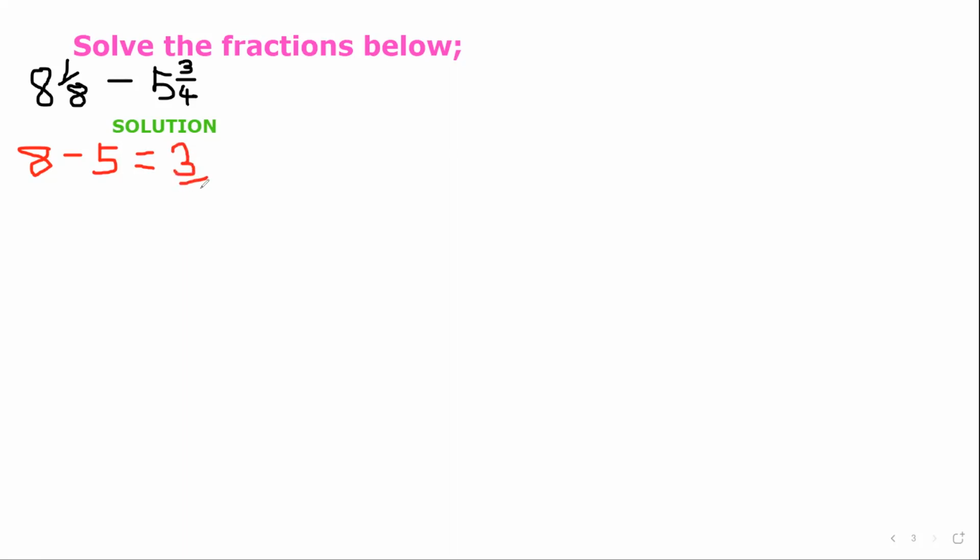So we have the 3 as our answer. When you deal with the whole numbers, 8 minus 5, the 8 is here and the 5. Now we have gotten our 3 here. Therefore, we are going to deal with the 1 over 8 minus 3 over 4.